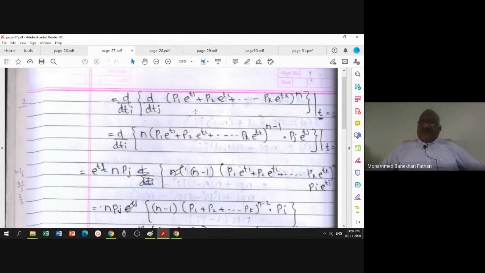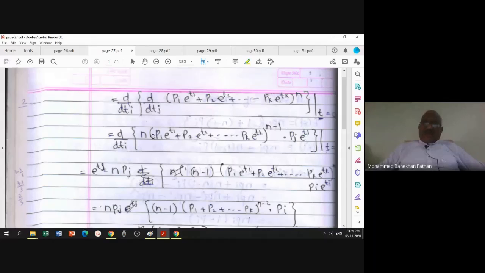What mathematics says: the power is multiplied with the entire function as it is, and the power is reduced by 1, into the differentiation of this bracket for your particular term tj. So you will get pj exponential as it is, and differentiation of tj with tj is 1. So that is not written here.